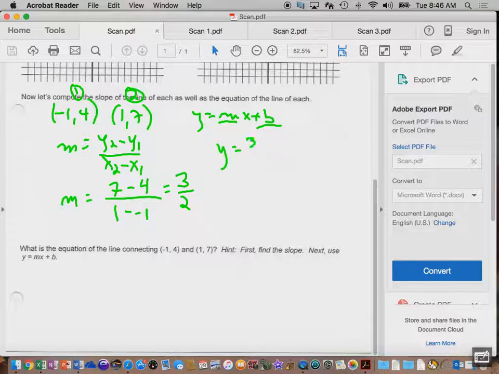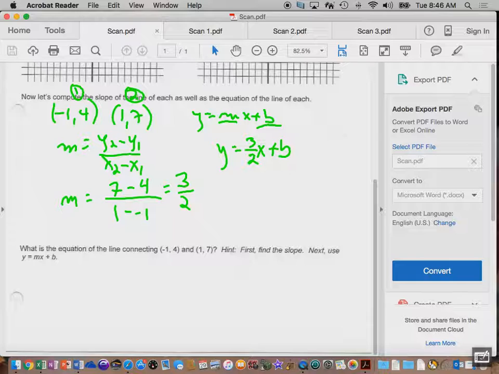So far, I know my answer is y equals 3/2 x plus b. Now we have a problem. At this point, there is no obvious way to find b. So some kids would say, I'm stuck, I can't do this. And then they'd want to pick up their toys and go home. The problem is, or the subtlety is, that there is a way to find b.